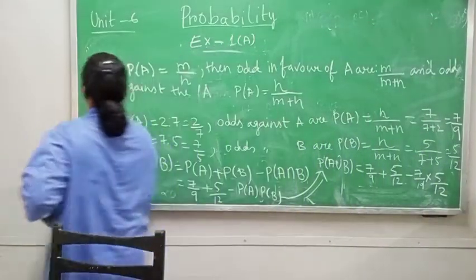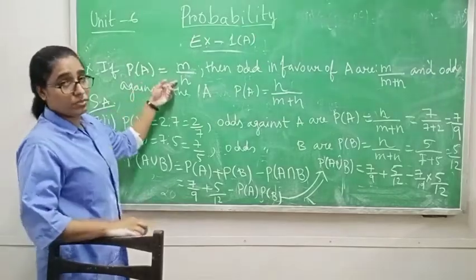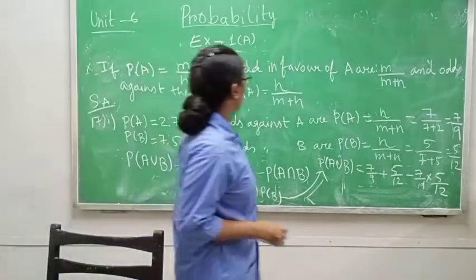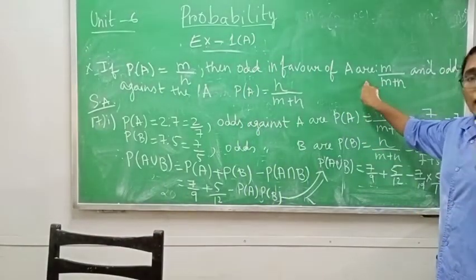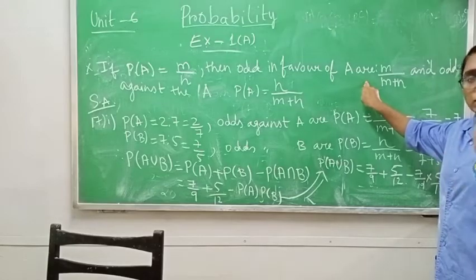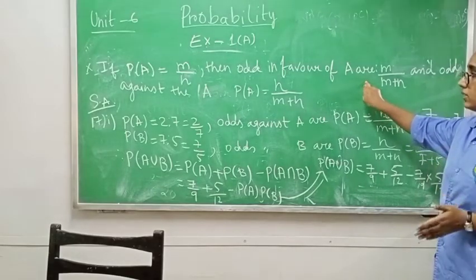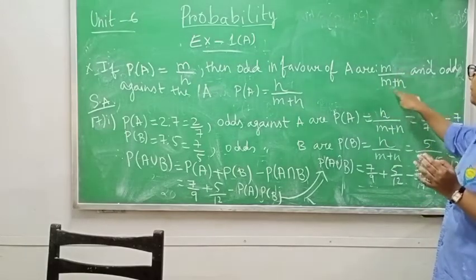One more thing, the theory part is this. If probability of A equals m by n, meaning it is given as a ratio m is to n, then the odds in favor of A are as follows. When they ask you the question, they will ask whether it is in favor of A or against A. If it is written odds in favor of A, then you will write m by m plus n.